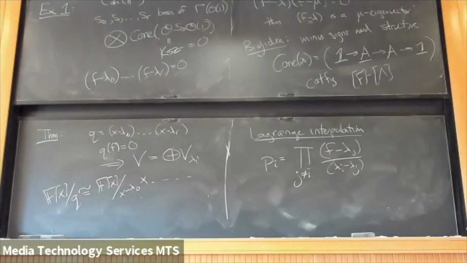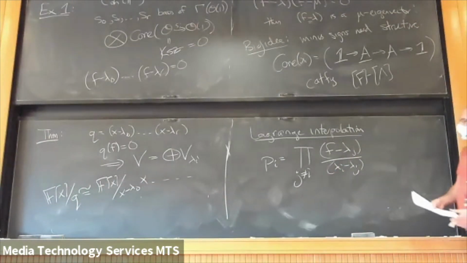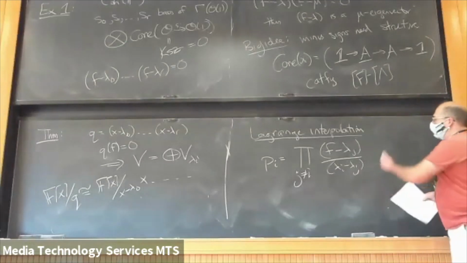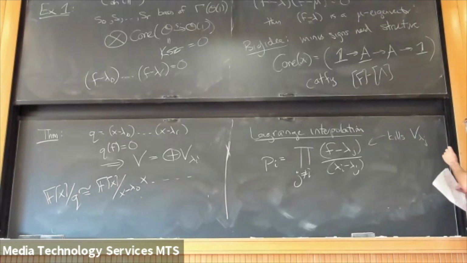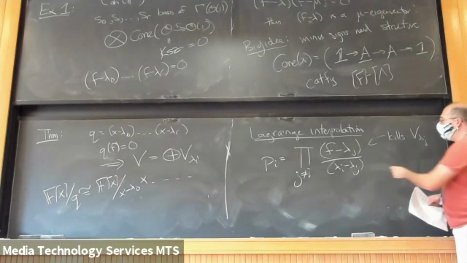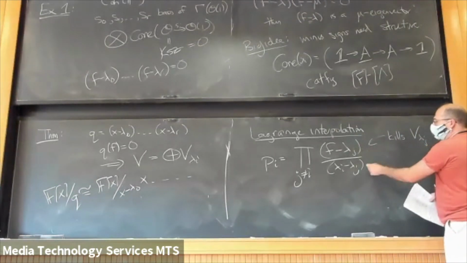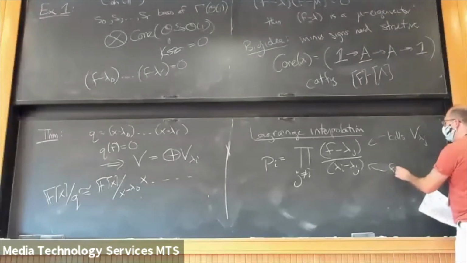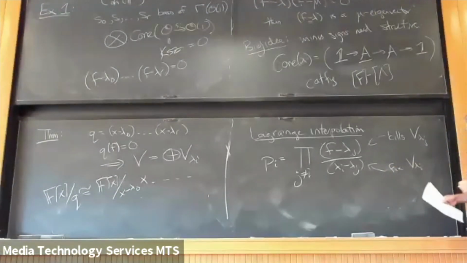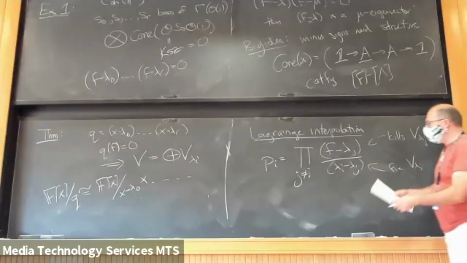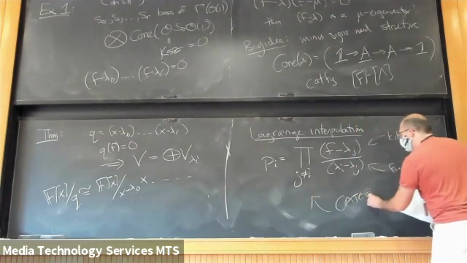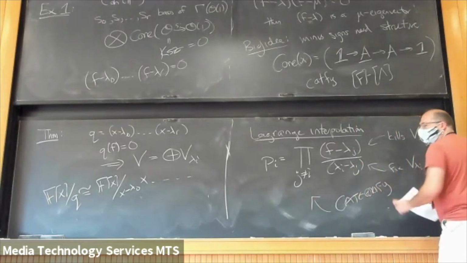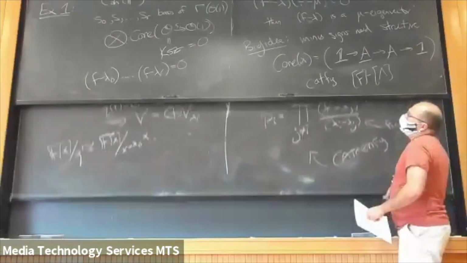And this is supposed to project to the ith eigenspace. Because of the numerator, it kills all the other eigenspaces, as you want it to, and then it gets renormalized by the denominator to fix the eigenspace. So the real question now is how to categorify this. I'm going to show you how to do it in this example.